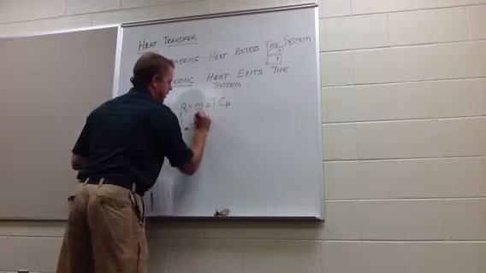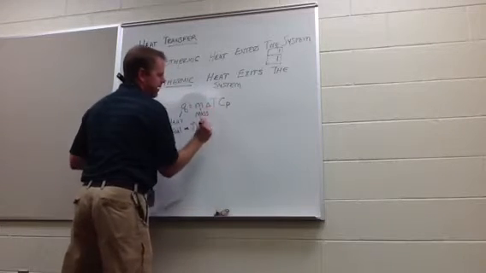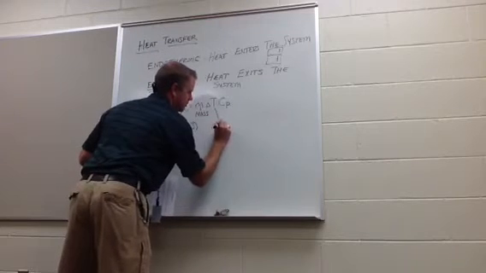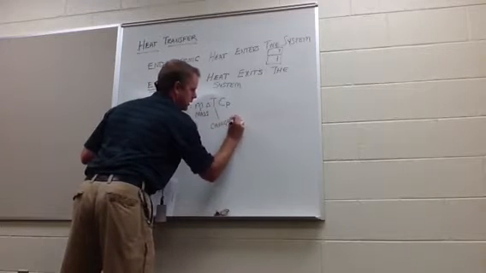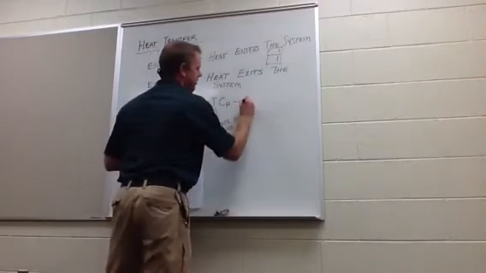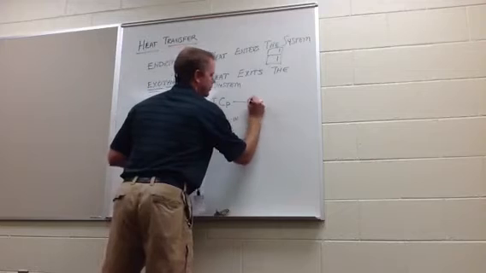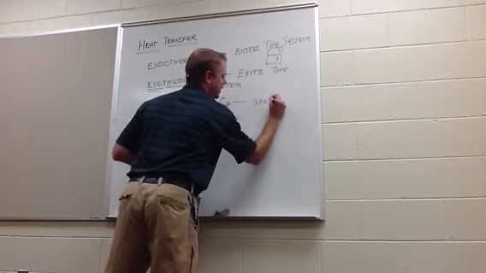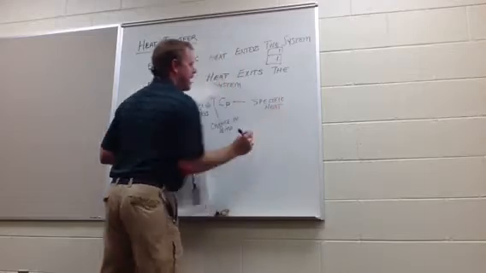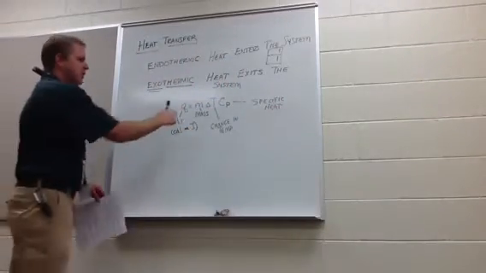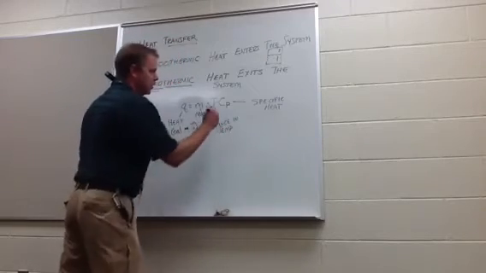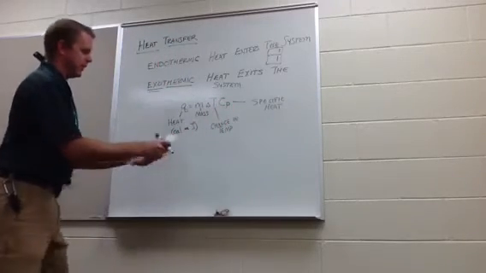M stands for what it's always stood for. It stands for mass. Delta T is change in temperature. And then this last thing is called CP, and it's called specific heat. Now, when we do problems involving this equation, the most important thing is this. Your CP is going to be measured... I'll look at number one.